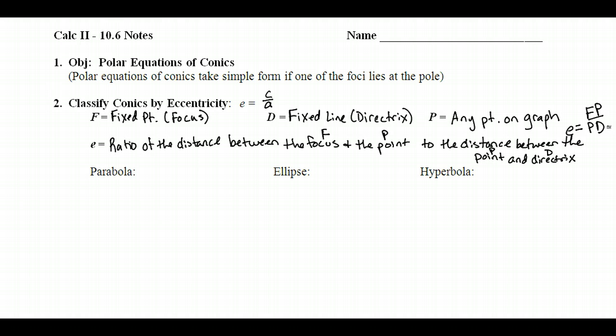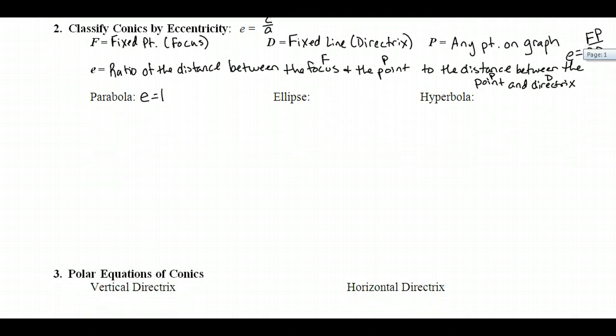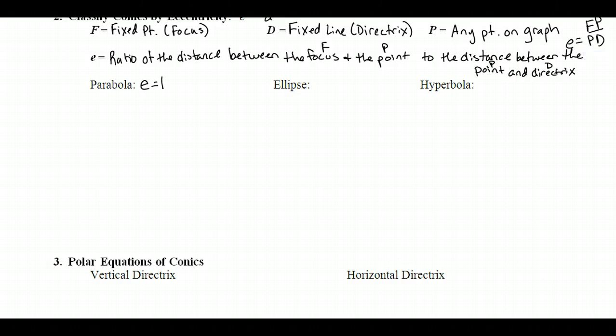So if we start with a parabola, our parabola is going to have an eccentricity equivalent to 1. And so that's how we will be able to identify that we have a parabola. And if we graph, we know that our focus has to be at the pole. So we have to have our focus right here.